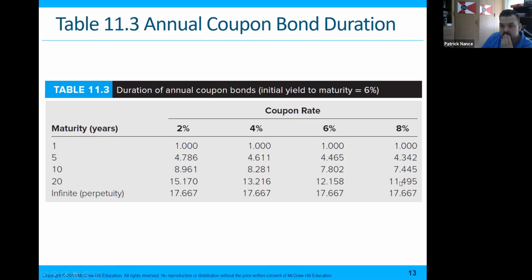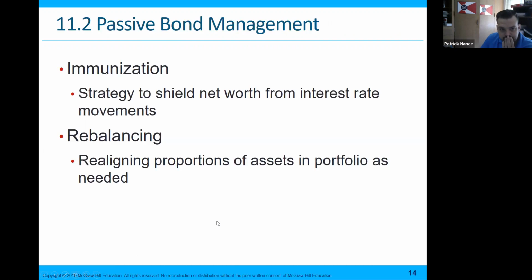And also notice that it's lower with the higher coupon bond here, and it's higher with the lower coupon bond. This is an example of, again, what we talked about at slide 3, where the lower interest rate bonds tend to carry a heavier interest rate risk, especially with a longer maturity time.